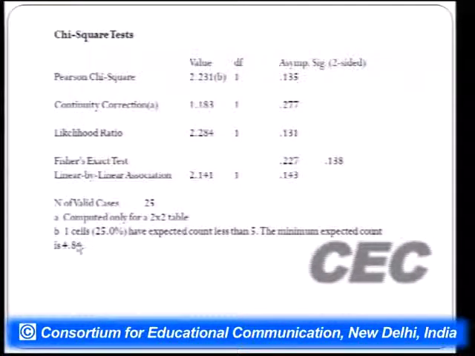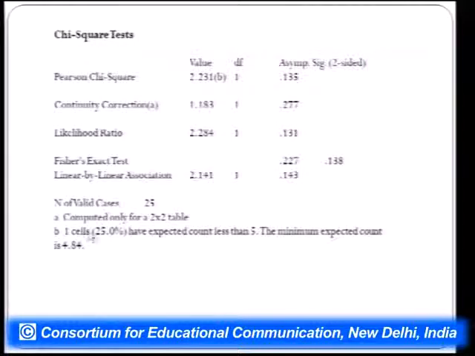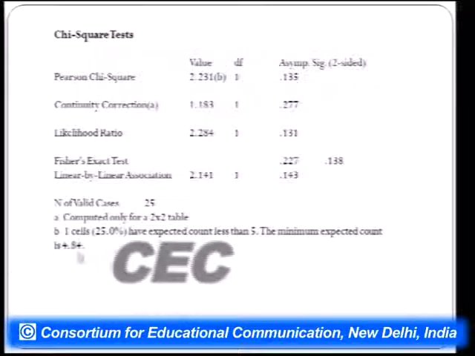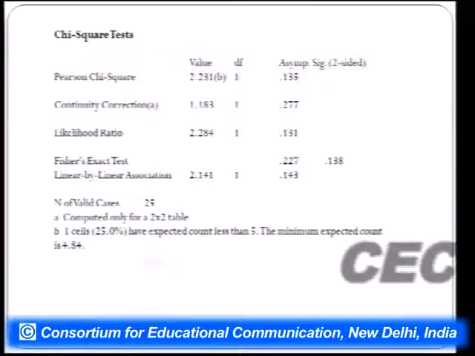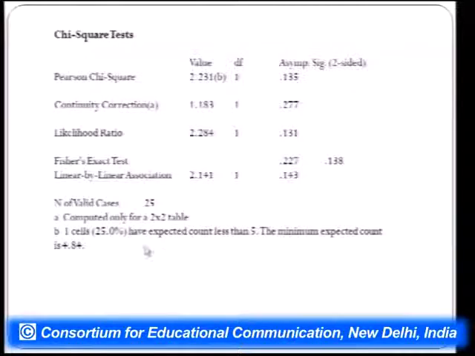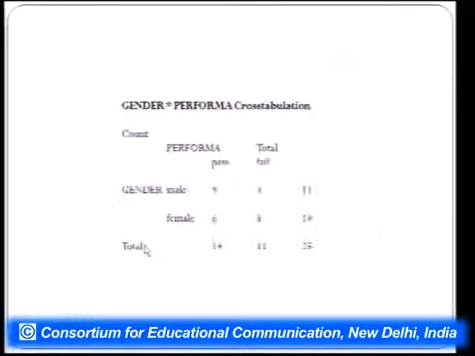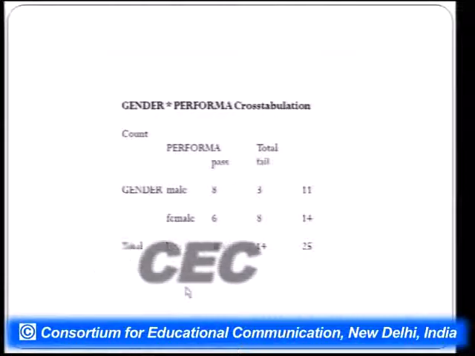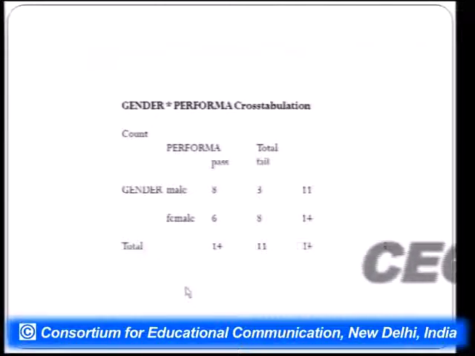The count is actually 4.84, so usually we should not have any cell having an expected count less than 5. If we take more data, then perhaps this problem of having an expected count less than 5 will be countered. So we cannot draw any conclusion. However, descriptive statistics indicated that perhaps males perform better than females, but hypothesis testing does not reveal that.